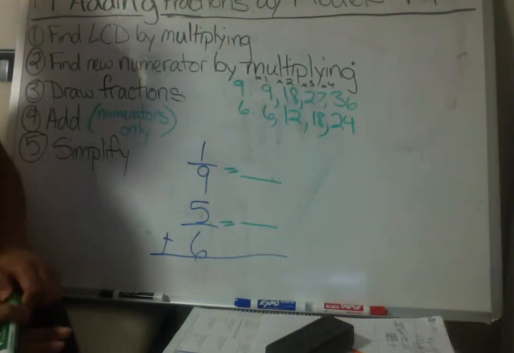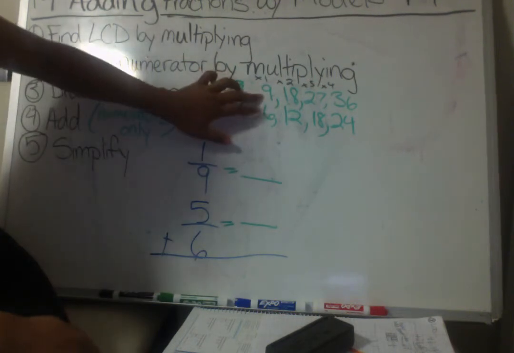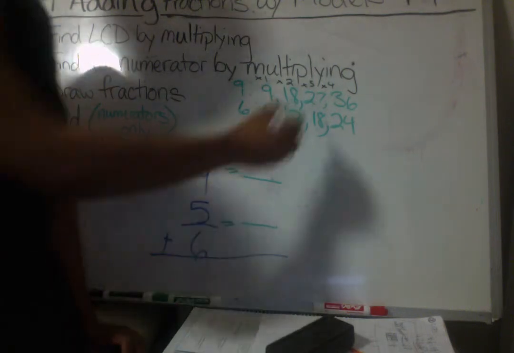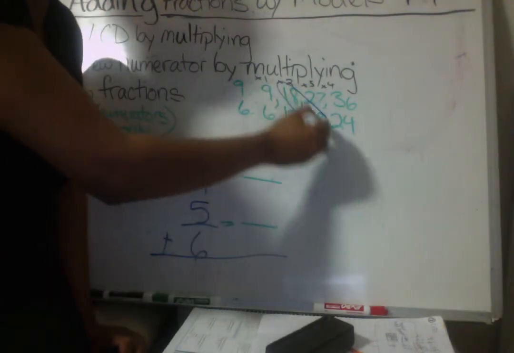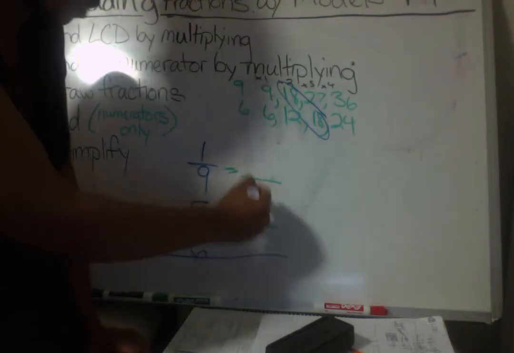I went too fast there. If I'm looking at both rows, I do not both have a 9 or a 6 or a 12, but they both have 18. So your common denominator is now 18.